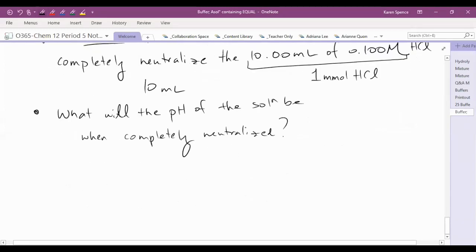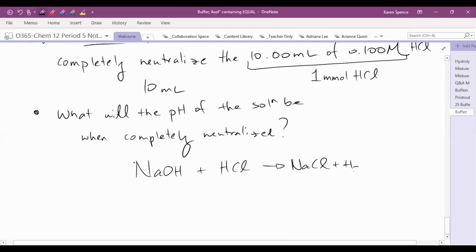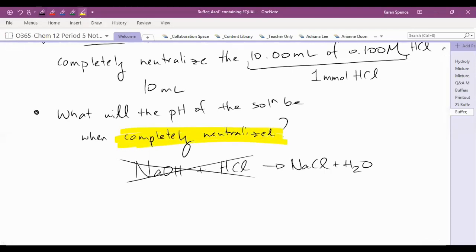Because we've taken our NaOH and we have reacted it with HCl, and we got NaCl plus H2O. And when it's completely neutralized, these guys here are going to be all gone.